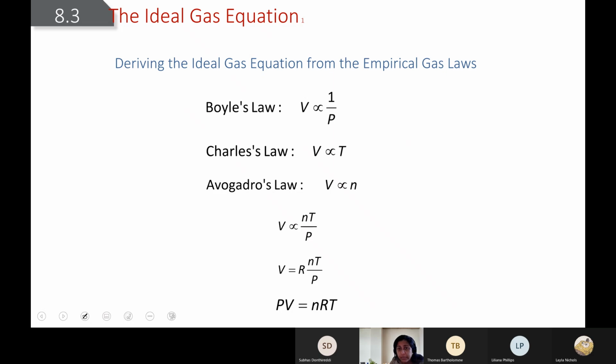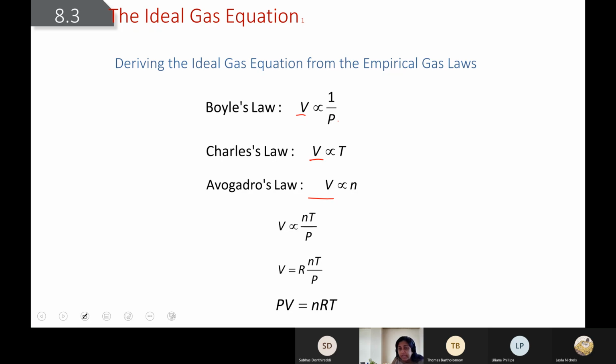We know that the pressure of a gas sample is inversely proportional to its volume, and according to Charles's law, the volume is directly proportional to the temperature, and from Avogadro's law, we obtain that the volume is directly proportional to the amount.